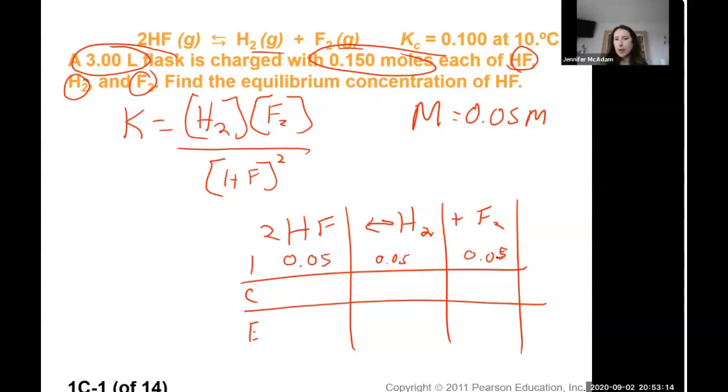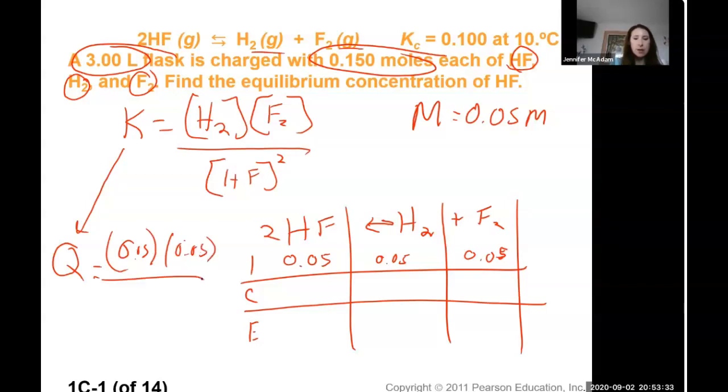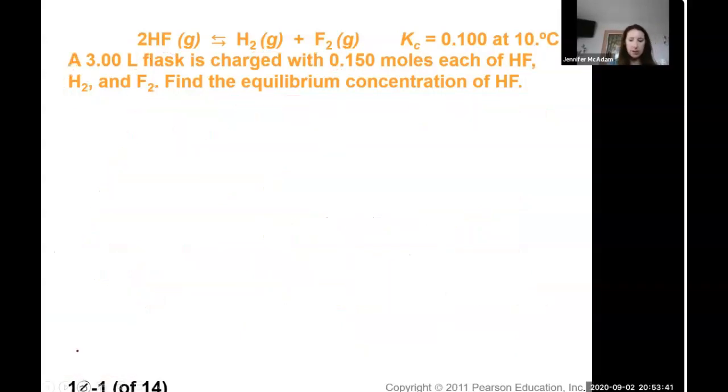We don't know which way it's going to go, right? So we need to find our Q first. To find our Q, we put these numbers into our Q, which is exactly the same as K. We just put the numbers they give us. So 0.5 times, I guess, 0.05 over 0.05 squared, and then we see what we get, which we can already see. That's going to be 1. Okay, so now let me just show you this neater.